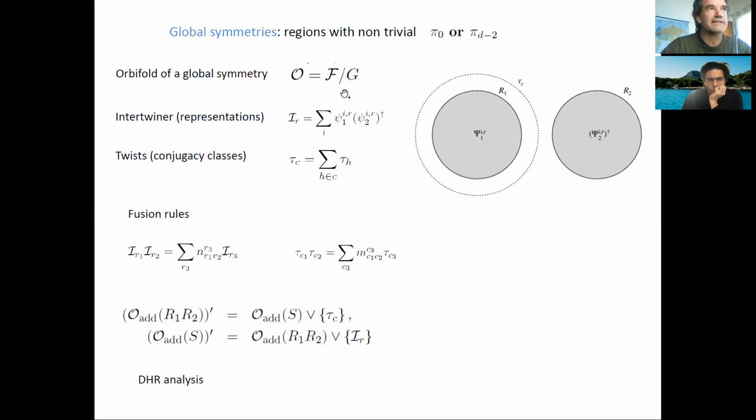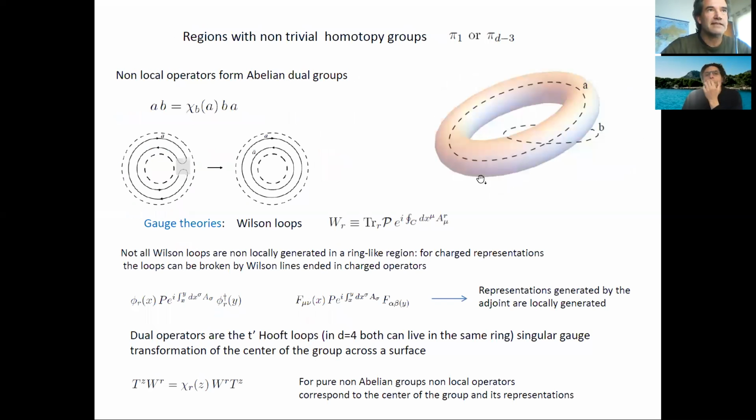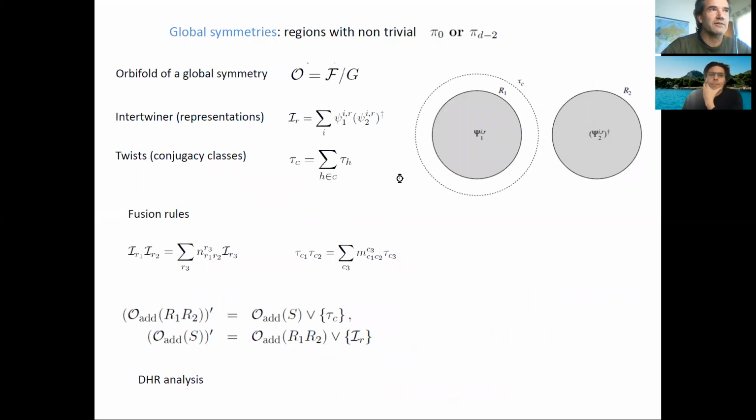But this structure does not exist in higher generalized symmetries, in the sense that in order to do that, one would allow for, let's say, gauge non-invariant objects or something like that. And this will conflict with the positivity, etc.